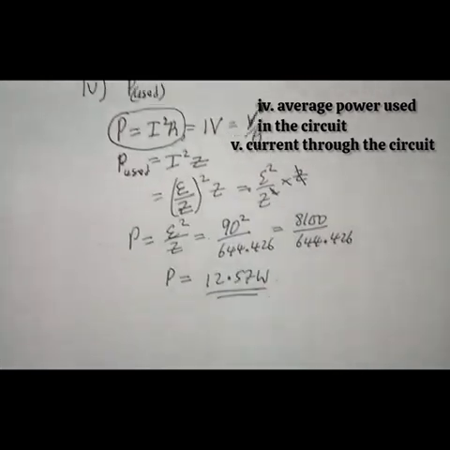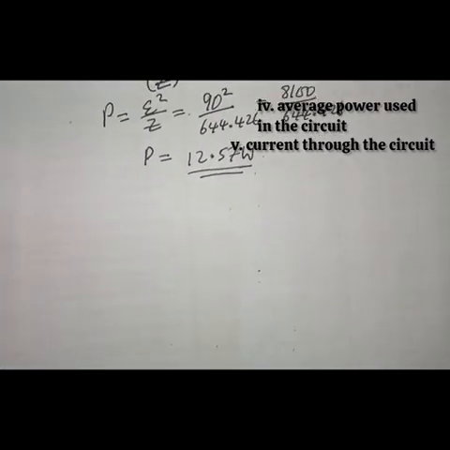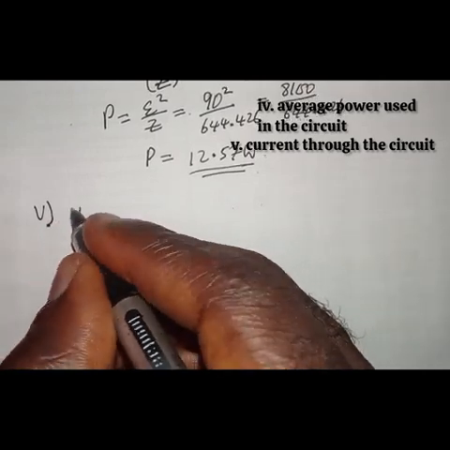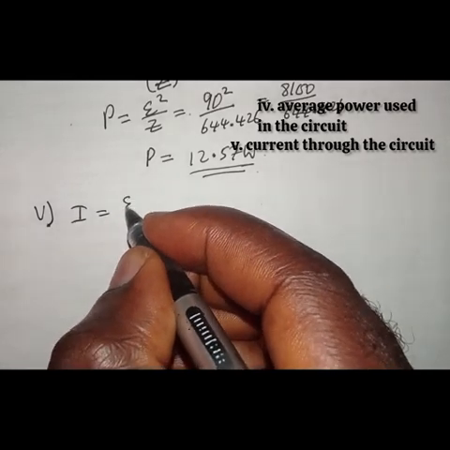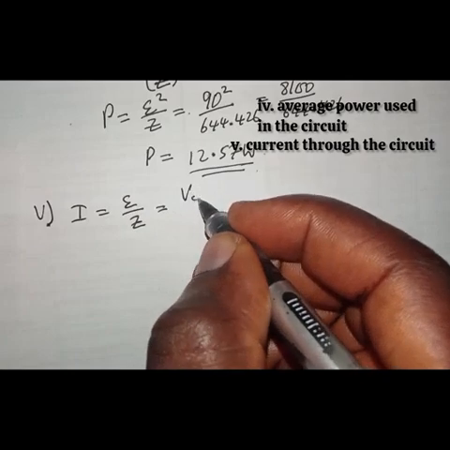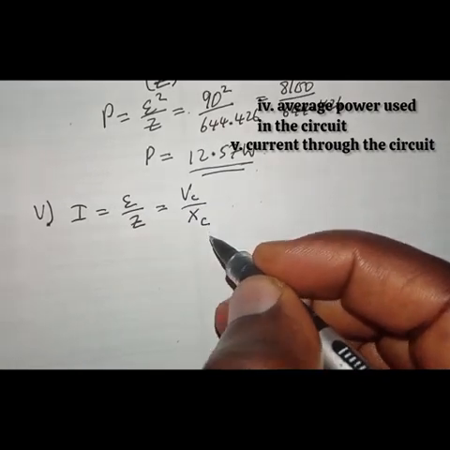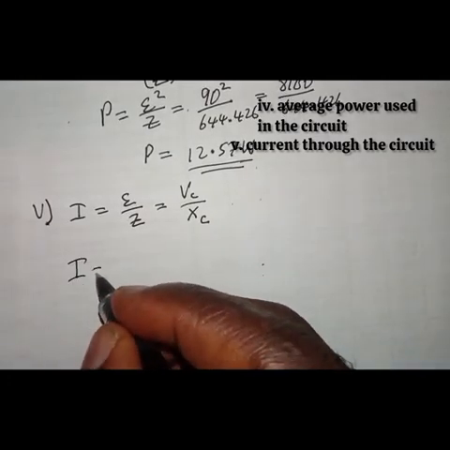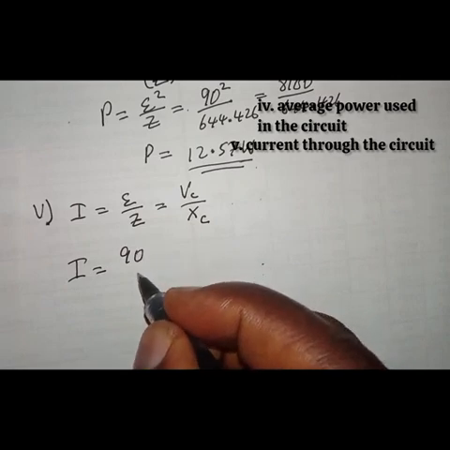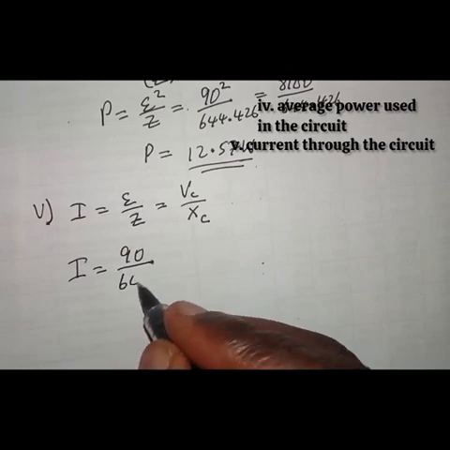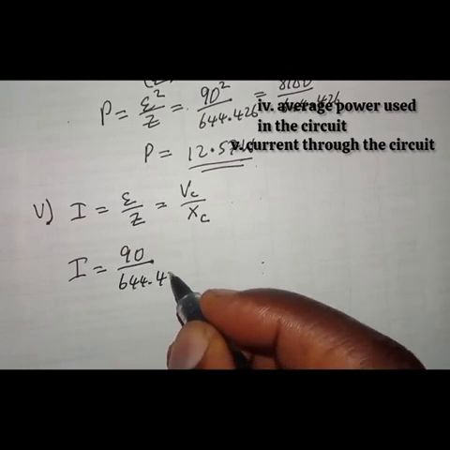Then finally, we're asked also to determine the current, and we have been writing the current in terms of the EMF over Z, which we can also get using the VC over XC because we already know the voltage across the capacitor and the capacitive reactance. So the current is equal to EMF, which is 90, over the impedance we solved to be 644.426.